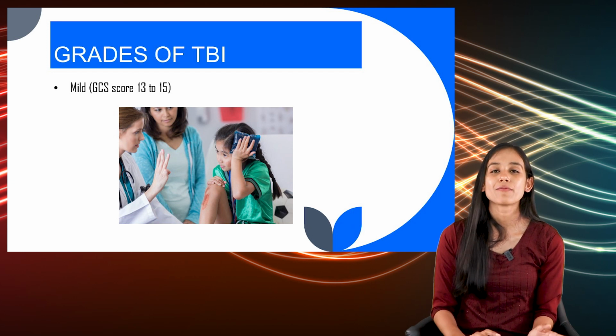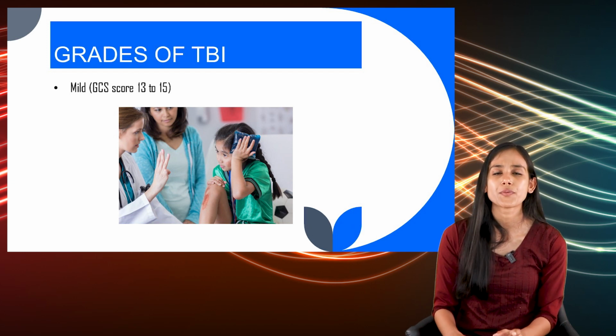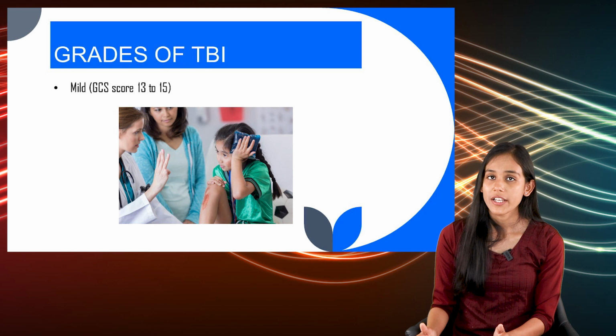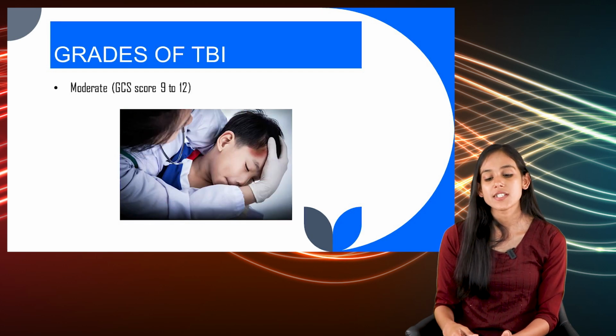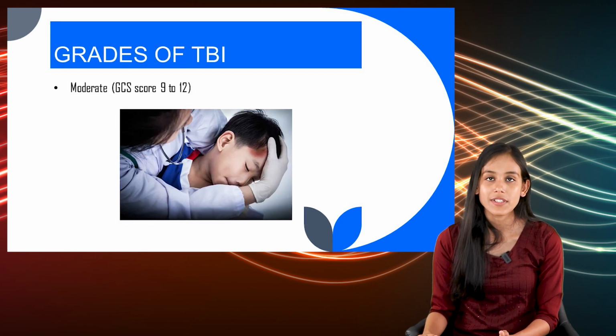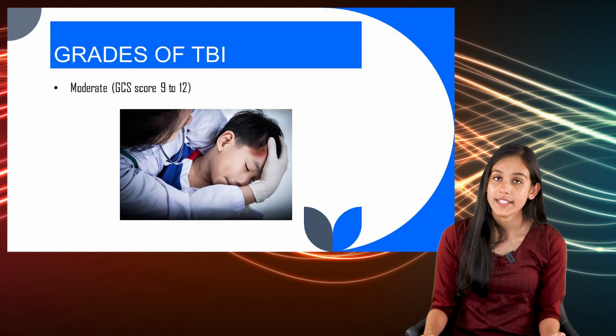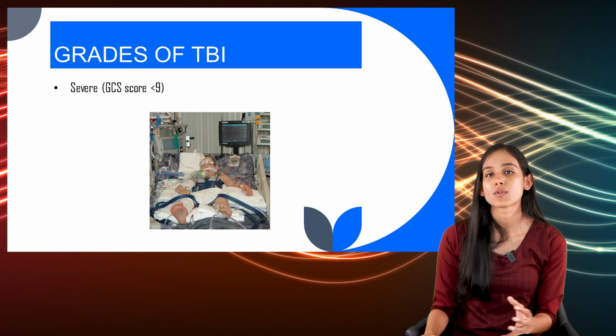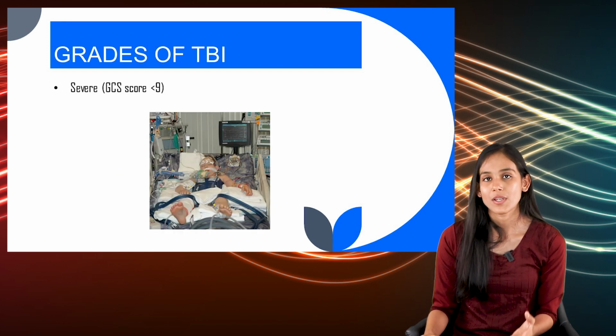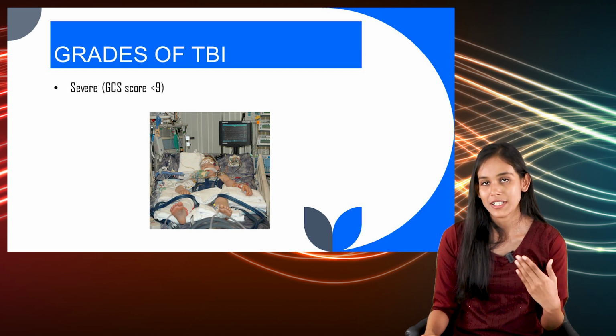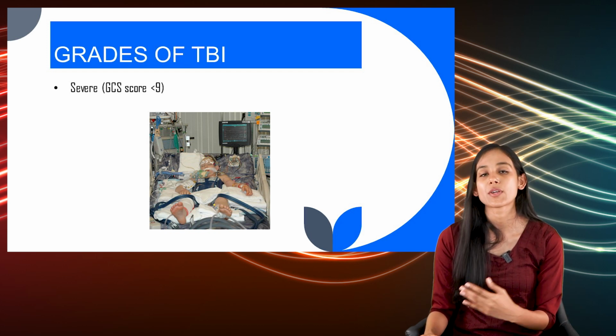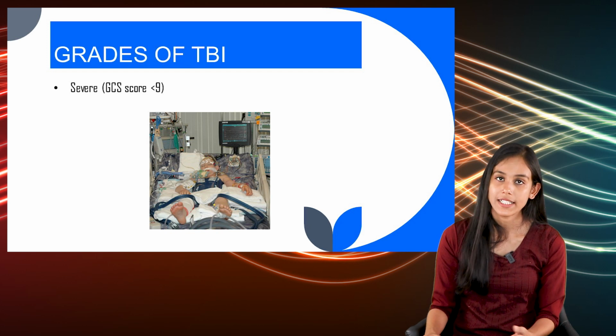If the GCS score is 9 to 12, we call it moderate head injury. And if the GCS score is less than 9, or equal to 8, we call it severe head injury.